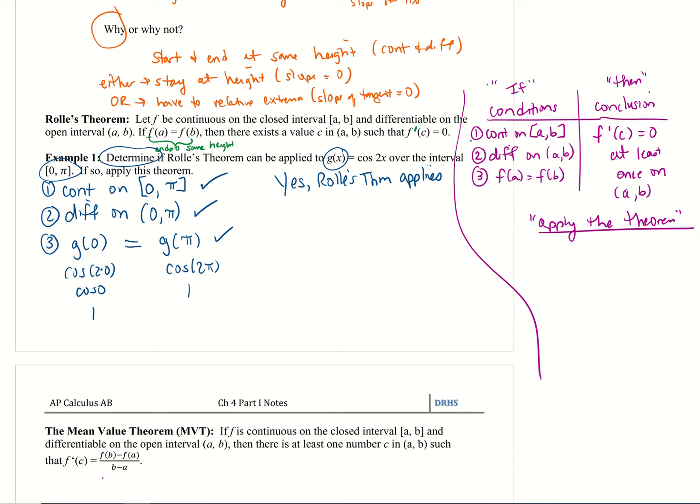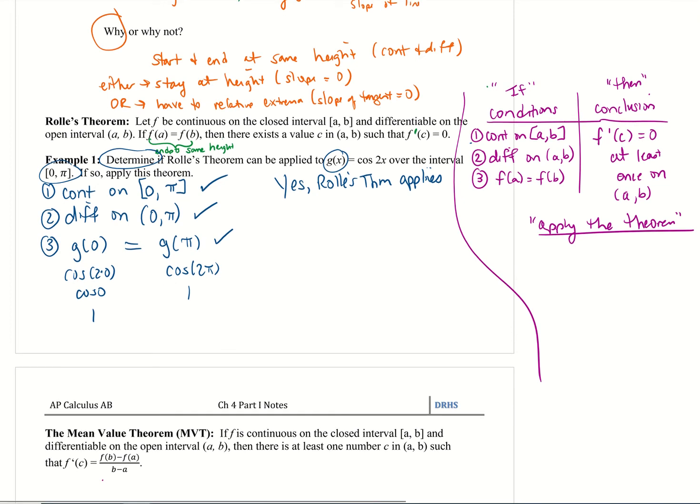All right, now it says, if so, then apply the theorem. Well, what does that mean? Apply the theorem means that we go ahead and we restate the conclusion. Usually, a lot of kids prefer X instead of C. Whatever. C is just a variable change.